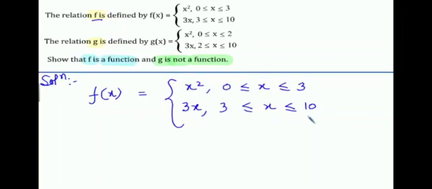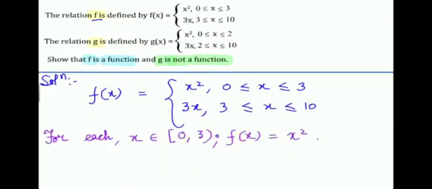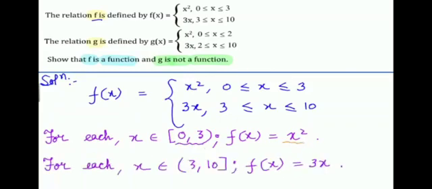Here f of x is equal to x square, where 0 is less than or equal to x, less than or equal to 3, and f of x is equal to 3x, where x is between 3 to 10. So for each x belonging to 0 to 3, f of x is equal to x square, and for each x belonging to 3 to 10, f of x is equal to 3x.